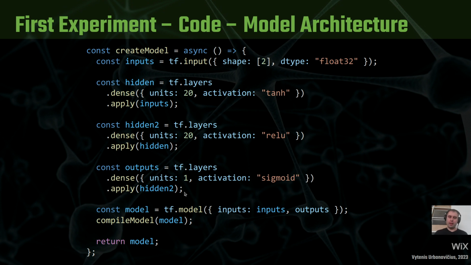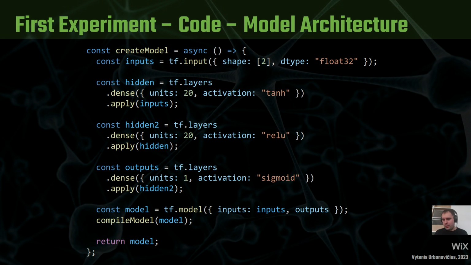I had an output layer with only one neuron, which was outputting a number, and I decided that if this number would be close to 1, it would mean that the numbers are equal. If it would be close to 0, it would mean that the numbers are not equal. And I chose to have two hidden layers in between, 20 neurons each, with two different activation functions. One layer has one activation function for its neurons, and another layer has a different type of activation function.